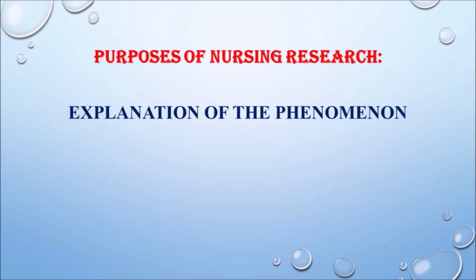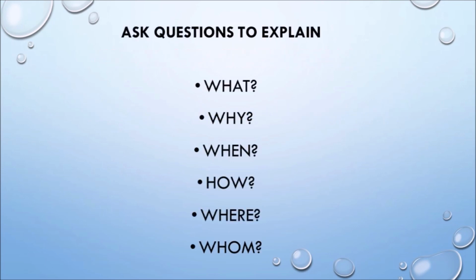To explain, the investigator must ask himself questions such as: what is the phenomenon, why is it important, why am I going to study this phenomenon, what am I really going to test in my study, when do I study the phenomenon, where do I study it, where does the phenomenon exist, where do I get the samples for my study, how do I choose the samples, whom am I going to include in my study, and so on.